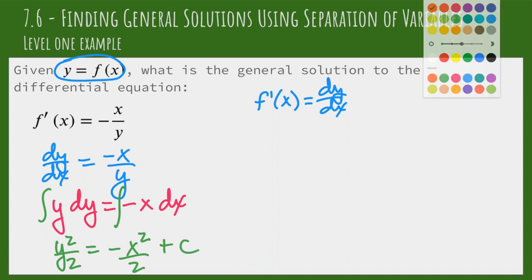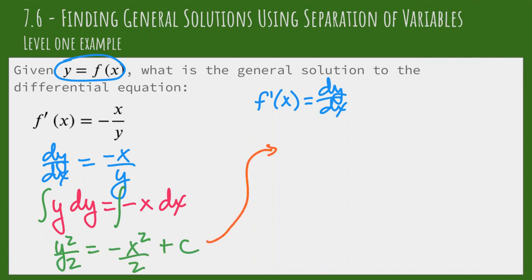So one thing about an equation like this, when we're solving for y and we multiply by 2 on both sides, when we multiply our constant by 2, keep in mind that 2c is just a constant. It's generally not a good idea to just write a plus c here because this c and this c are going to be different. Specifically, this one is twice as big as the other one.